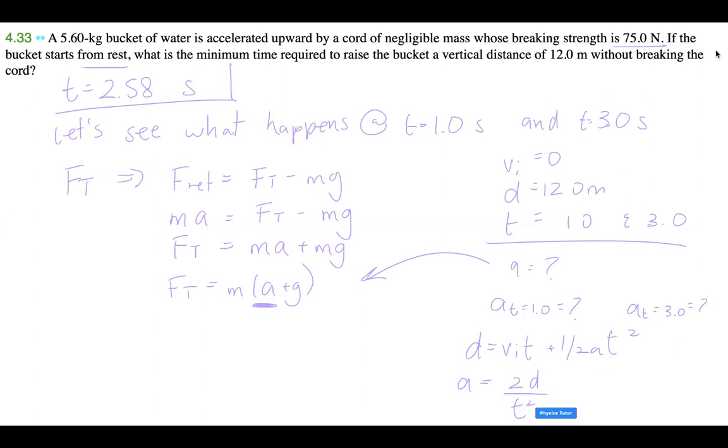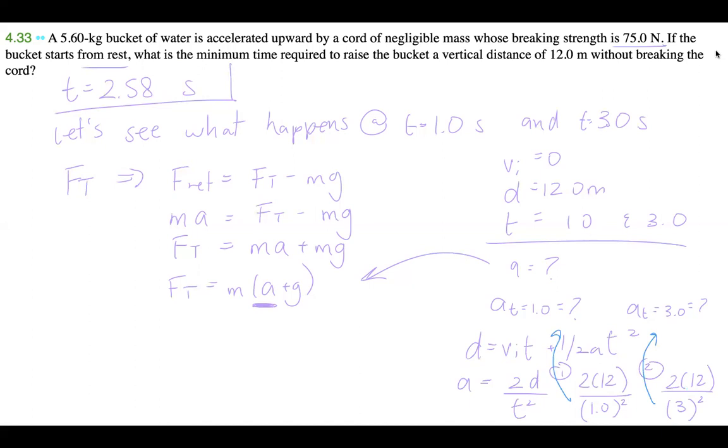So the first one, it's going to be 2 times 12 divided by 1.0 squared. And then for the other, it's going to be 2 times 12 divided by 3 squared. And you know what, I'm going to use blue just so that everything's a little bit more organized.